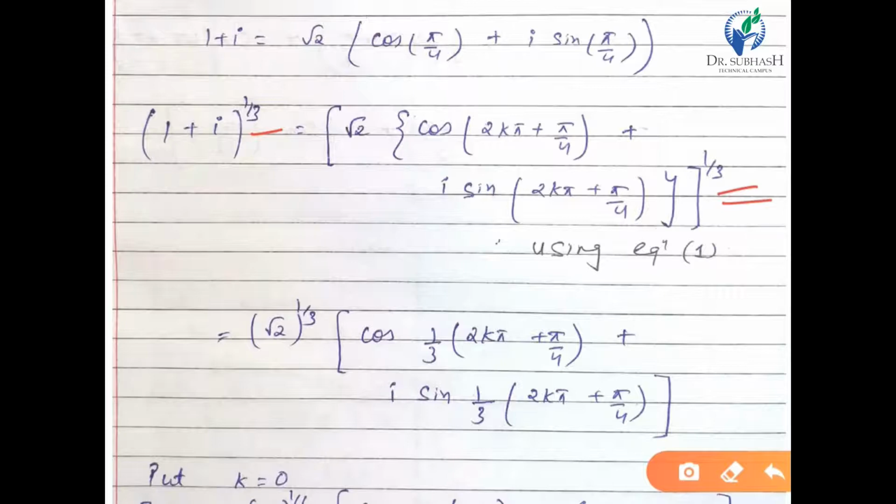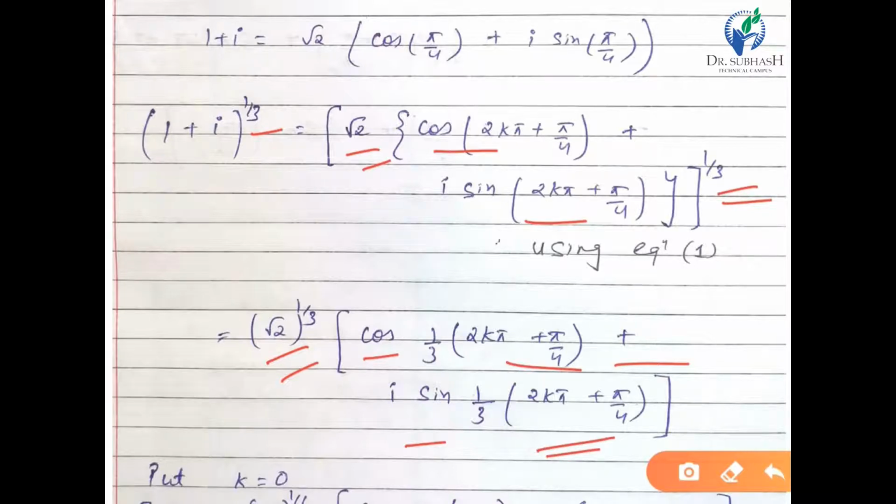we first separate the 1 by 3 power here. So this will become root 2 raised to 1 by 3, and according to De Moivre's formula, this 1 by 3 will go in the denominator of the cos and sine angles. So we can write it as cos of 1 by 3 (2k pi plus pi by 4) plus i sine of 1 by 3 (2k pi plus pi by 4).